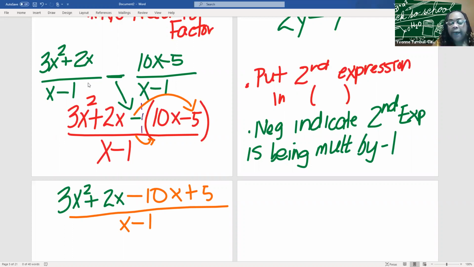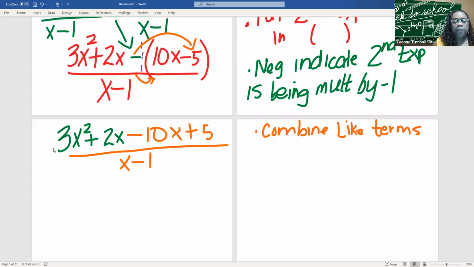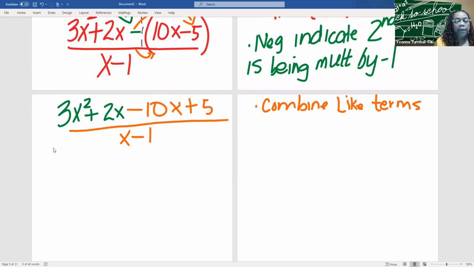Now we're going to combine like terms in the numerator. All right, let's see. So I see two terms that are alike.